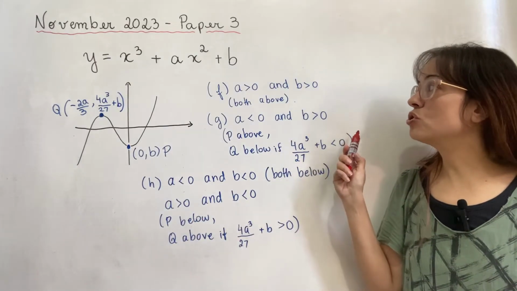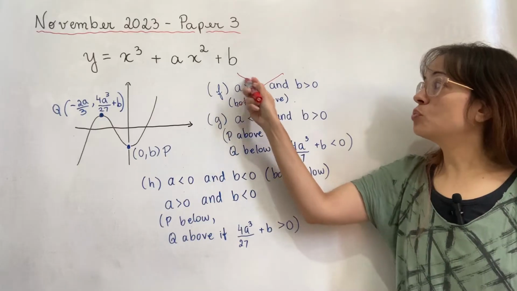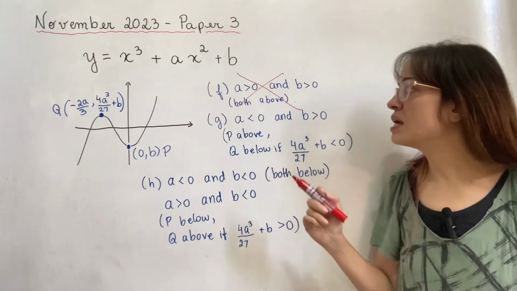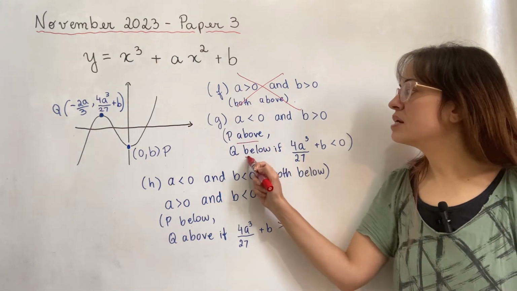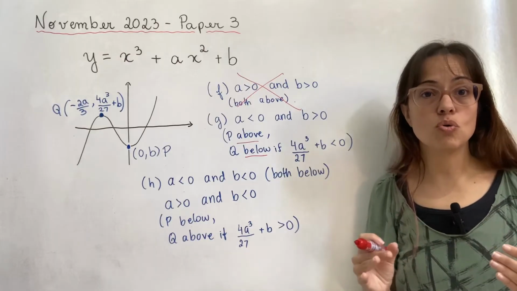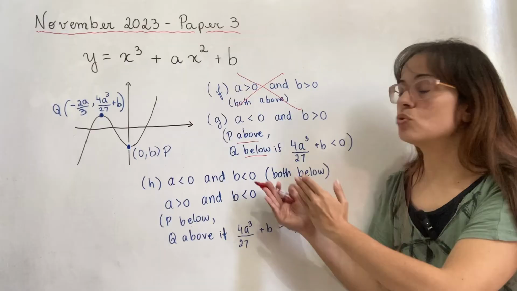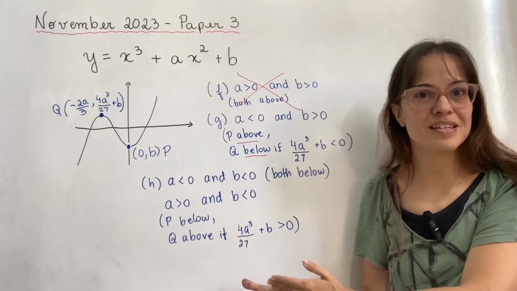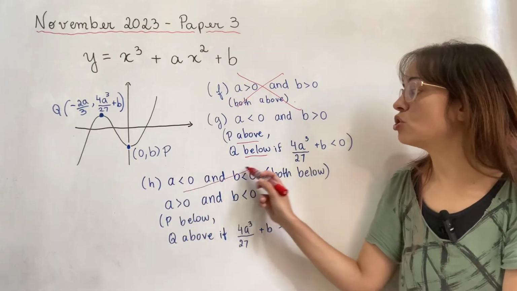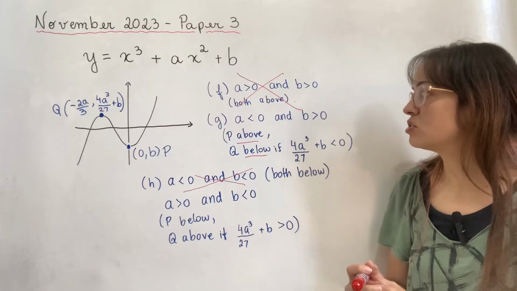Now, he's asked us to consider 2 cases, one of which does not work because they are both above, so it doesn't have 3 x-intercepts, and the other one works under certain conditions. So now he wants to know what are all conditions for it to have 3 x-intercepts. Of course, we need to consider the missing cases that we haven't considered yet. And it turns out that this case does not work because both are below, so it does not have 3 x-intercepts.